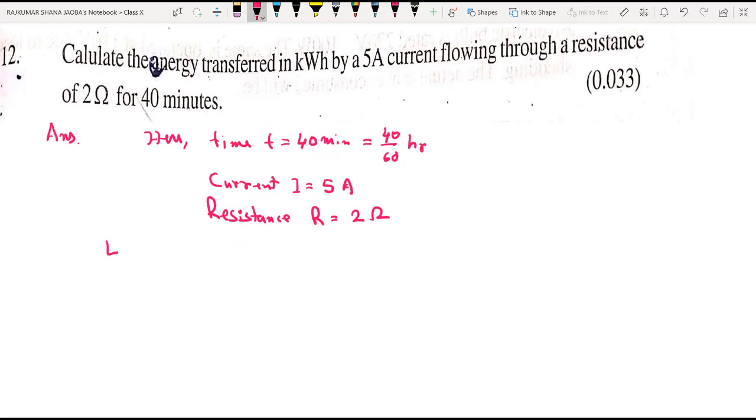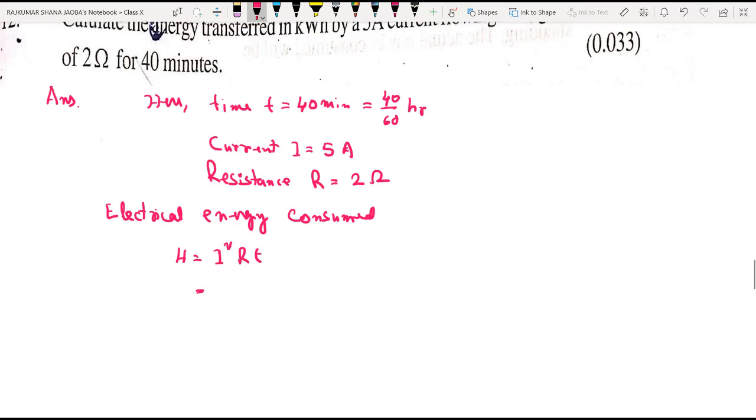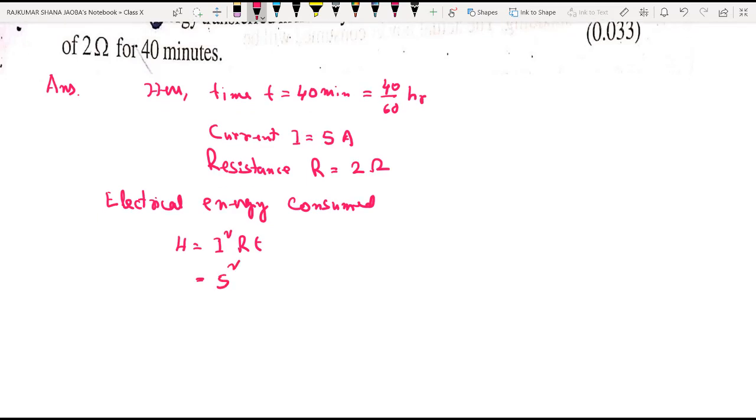Then electrical energy consumed, H equal to I square R T. So I square is 5 square into 2 into 40 by 60.